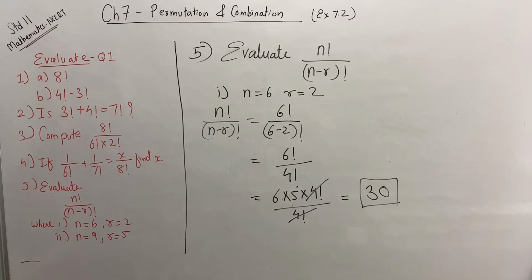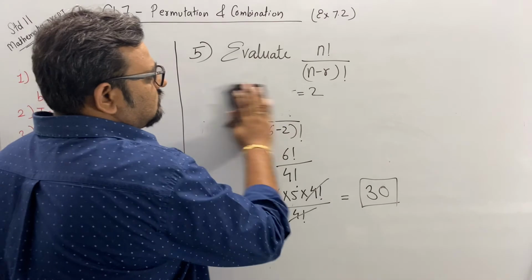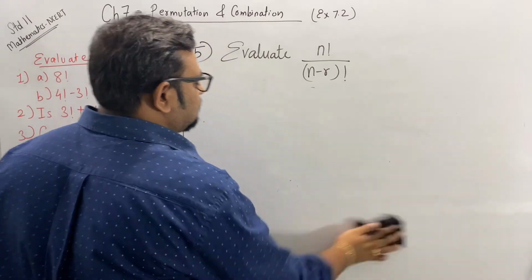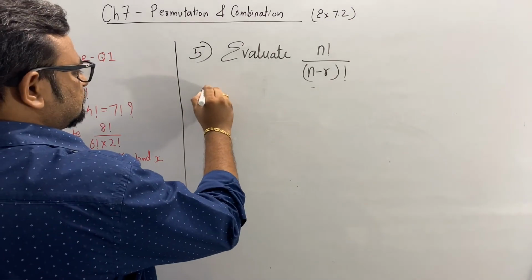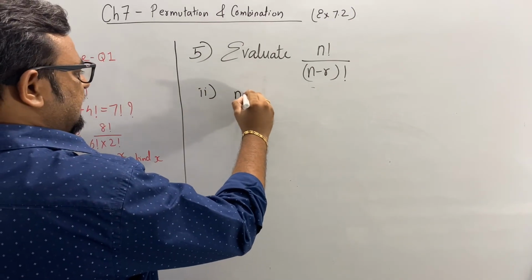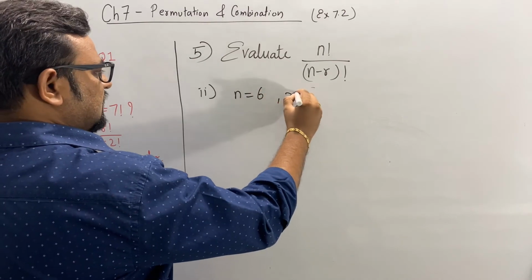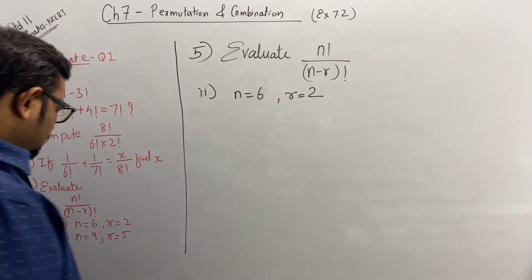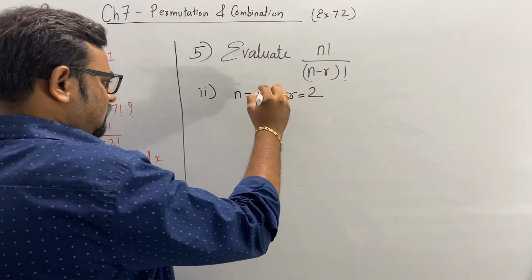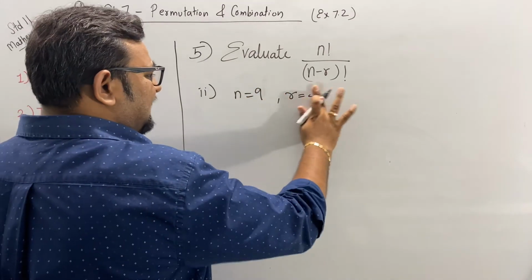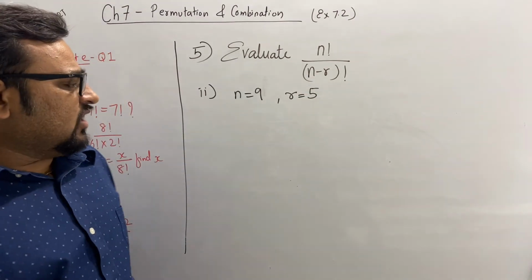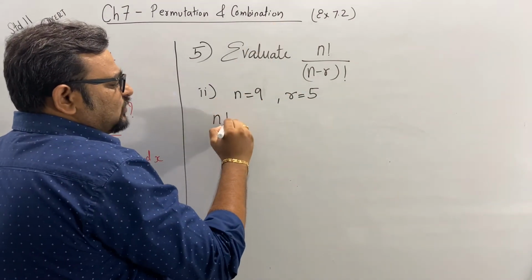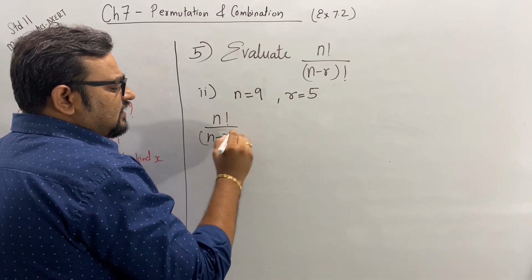Okay, let's move to the second one. In the second question, it is given n equal to 9 and r equal to 5. So let's again replace the values of n and r.